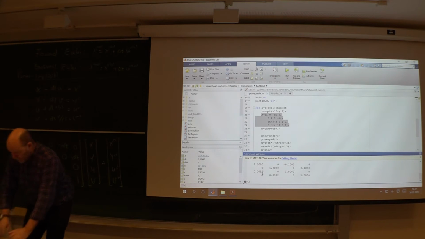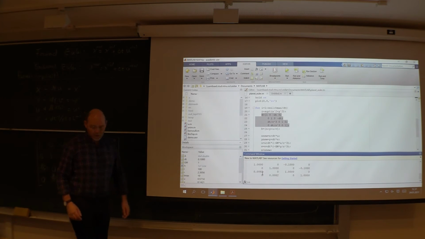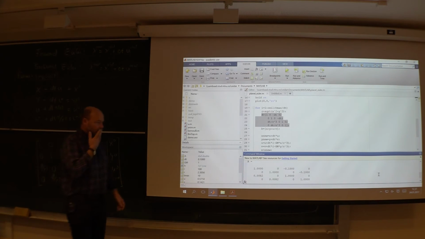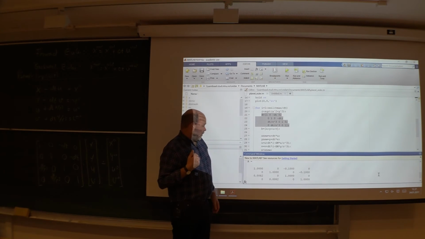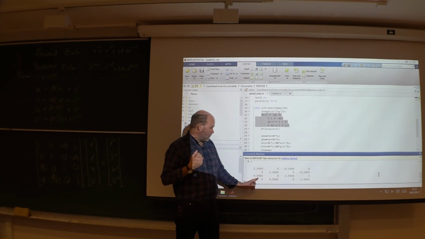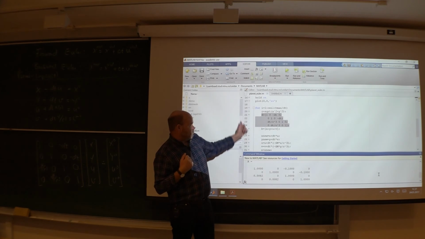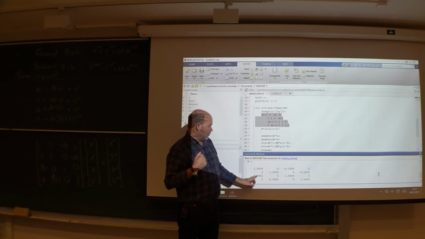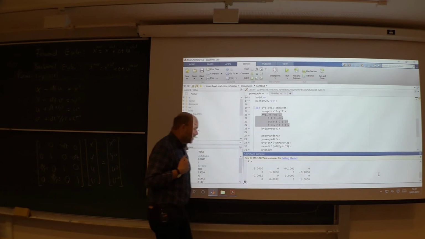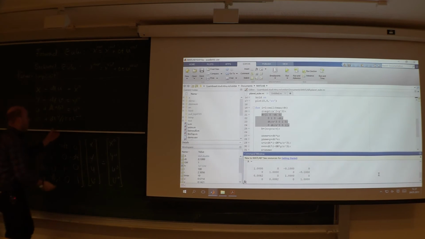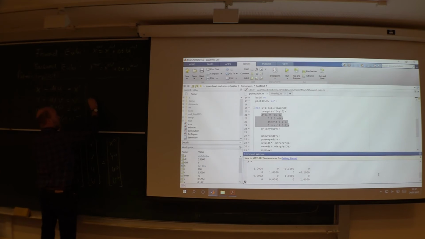Yeah, this is my A matrix as it is now. So we have the coefficients, and here we have some 1 over r to the power of 3 and so on. How to solve a system when you have it on the form A times x equals b in MATLAB.